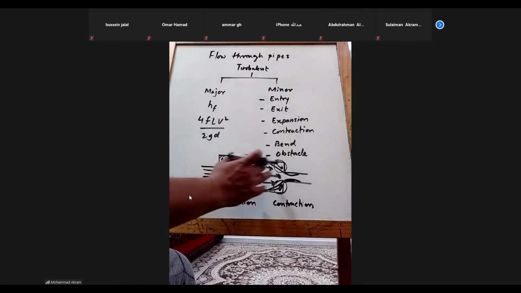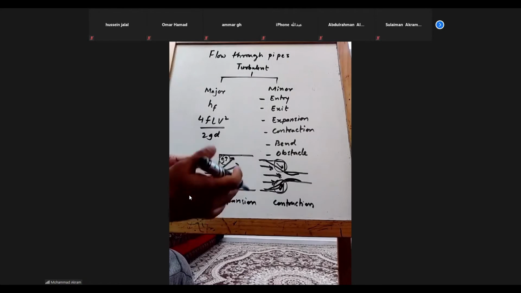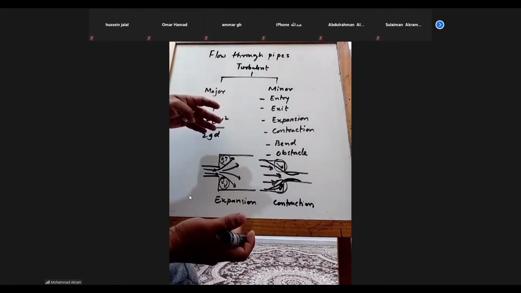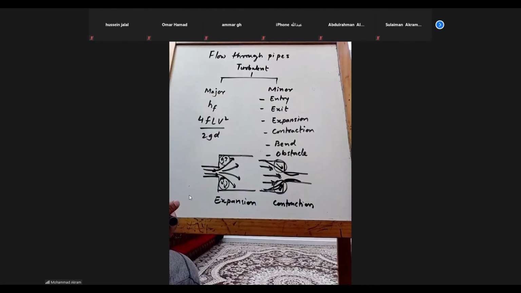You can imagine the inlet as the sudden contraction, because usually at the inlet the water is coming from a large tank, right? So in that case, it will come like that. Exit is like expansion. It is coming from a narrow passage and going to the atmosphere or large area. Is that clear?